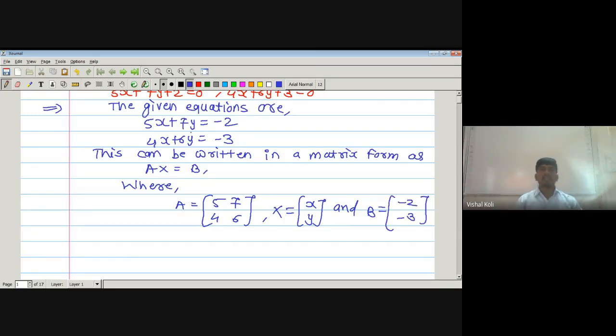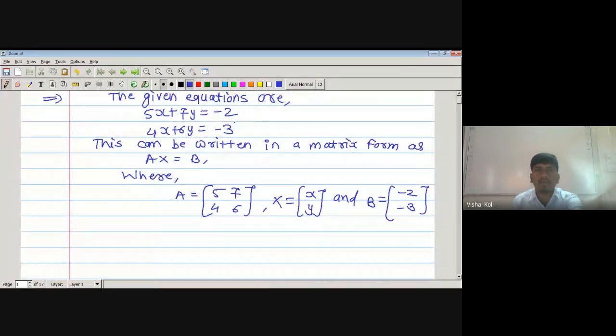That is, we can write any system of linear equations in the form AX equal to B. As minus 2 and minus 3 are not equal to 0, it will be a system of non-homogeneous linear equations.